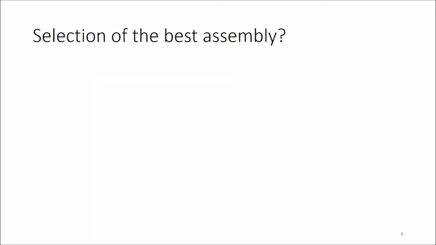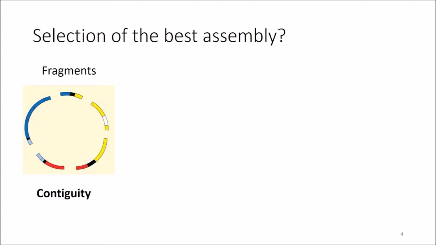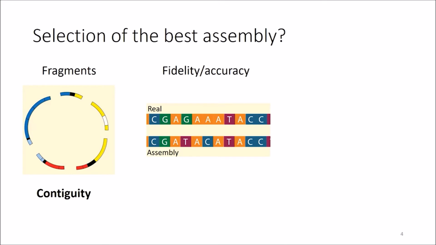Then, how do we select the best assembly? You can consider different metrics. There are a lot of criteria, including the number of fragments that you have in the final assembly, and we can refer to this as contiguity. You can also evaluate the fidelity or the accuracy that you have in the assembly in comparison to the real sequence, and we can refer to this as correctness.